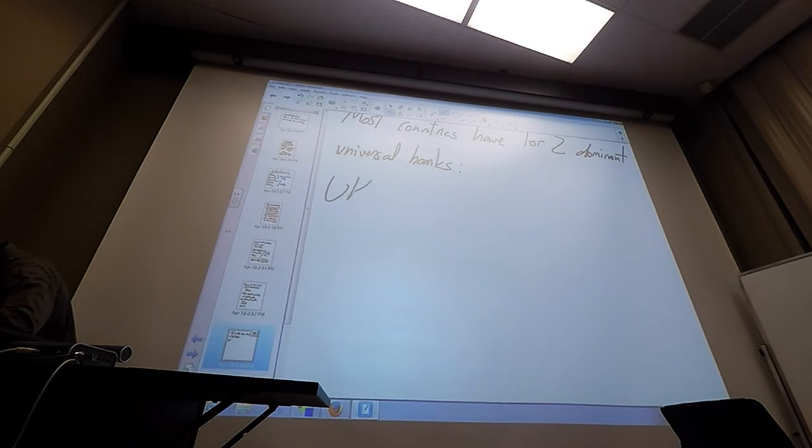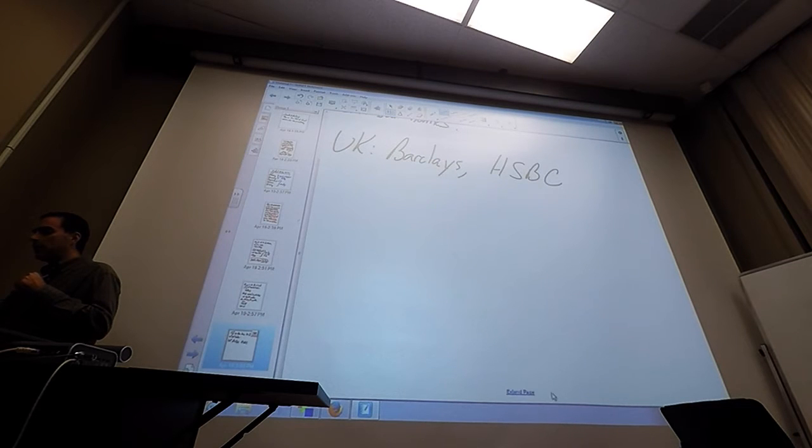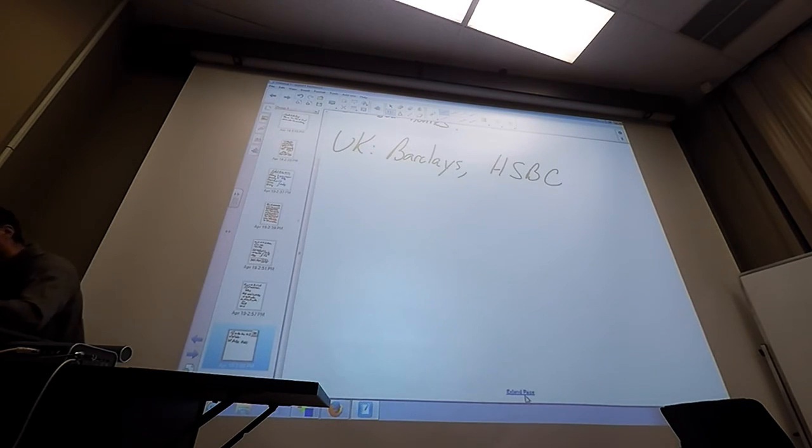So in the UK, you got Barclays and HSBC as the two big ones, with HSBC being only sort of a Hong Kong, Singapore, UK firm.